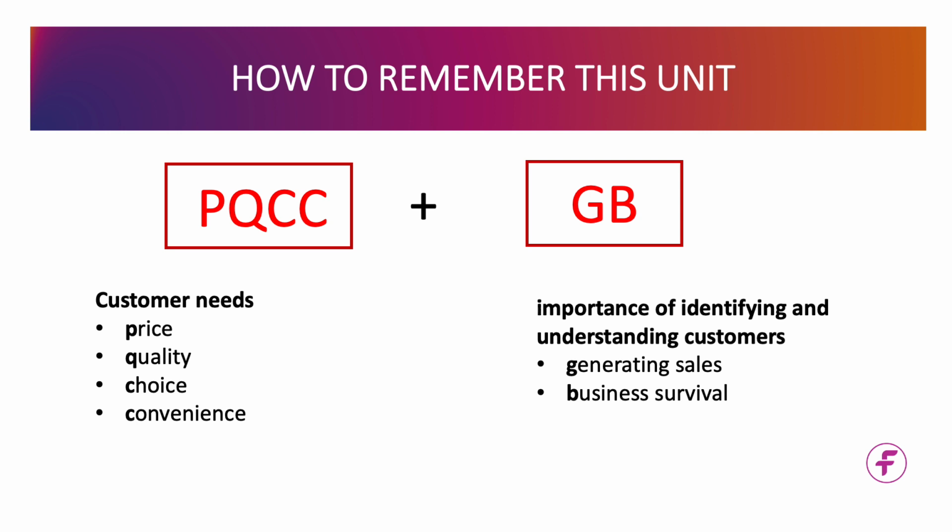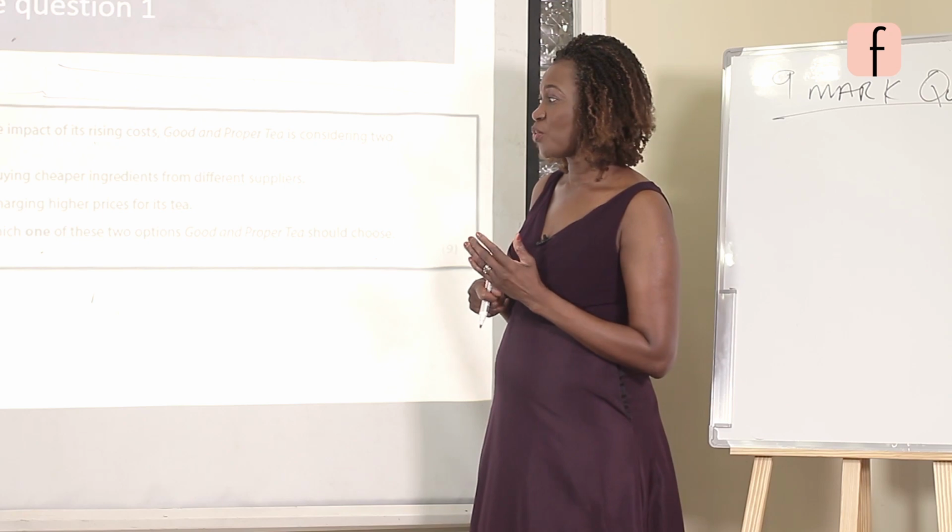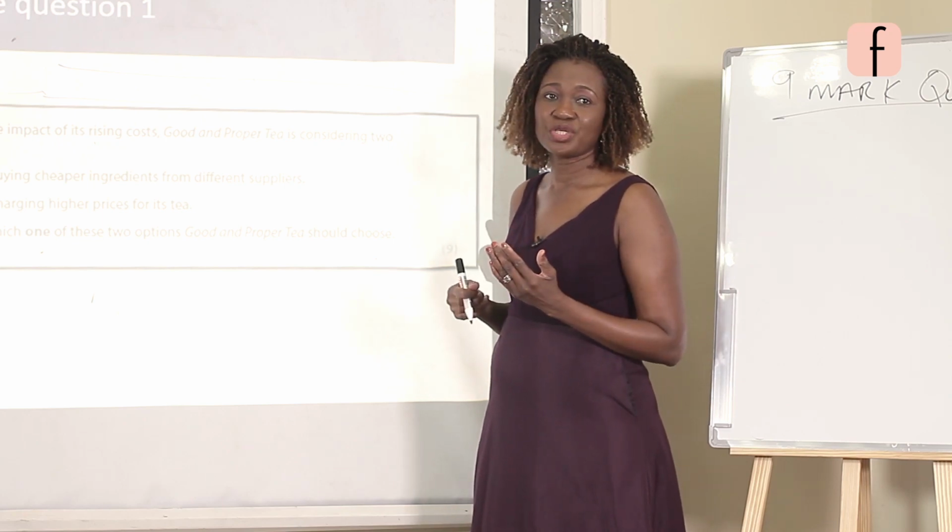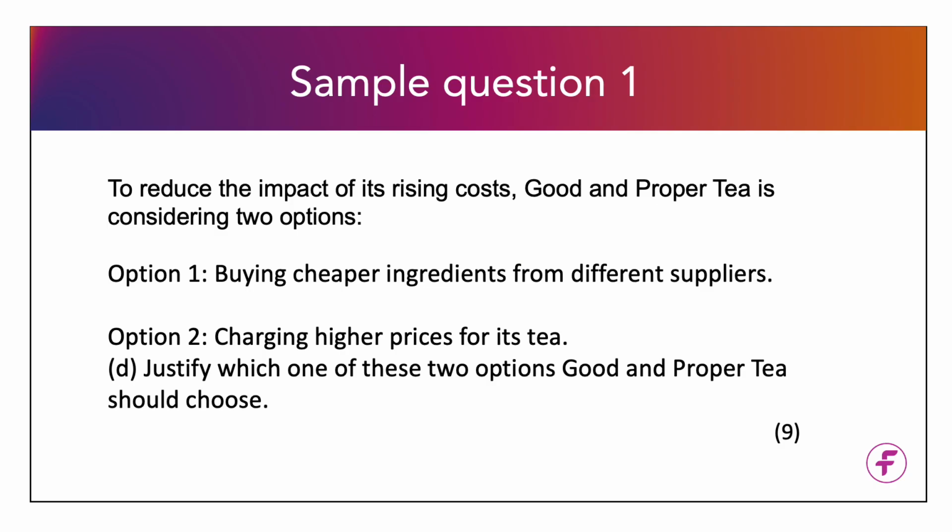Now let's go in and look at how to answer questions on this topic. This is a sample question, a 9-mark question in Edexcel GCSE Business, and it's a justify question. To reduce the impact of its rising costs, Good and Property is considering two options. Option 1, buying cheaper ingredients from different suppliers, and option 2, charging higher prices for its tea.